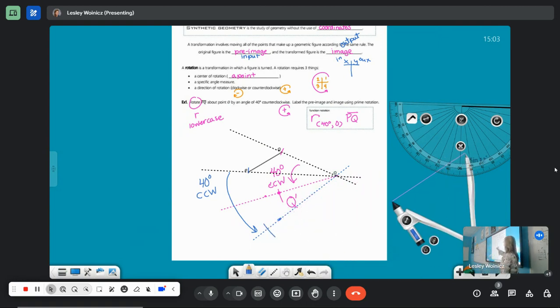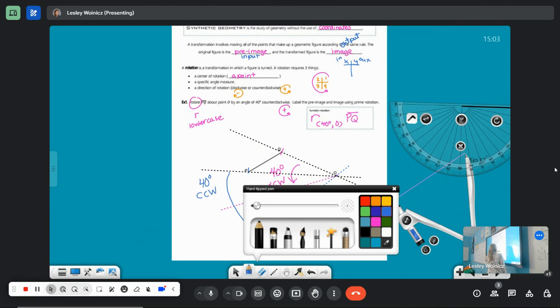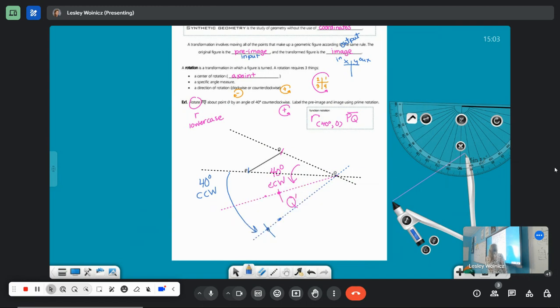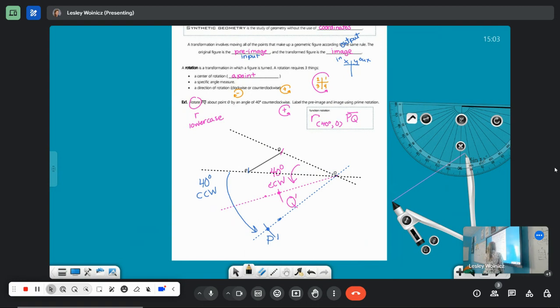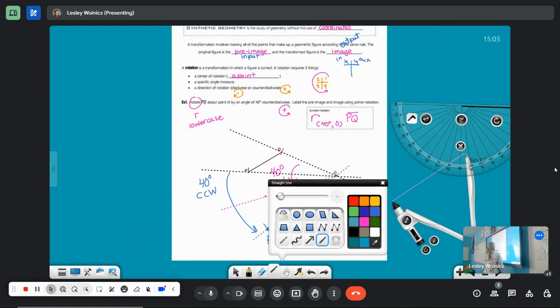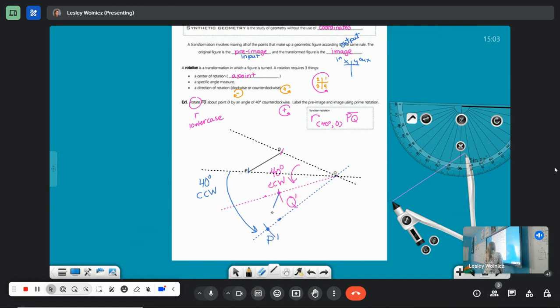Okay, I just copied that distance. And that is the location of my P prime. Okay, the only thing left is that PQ is a segment, so P prime, Q prime should also be a segment, so we should connect those points with a segment. Please use your straight edge.